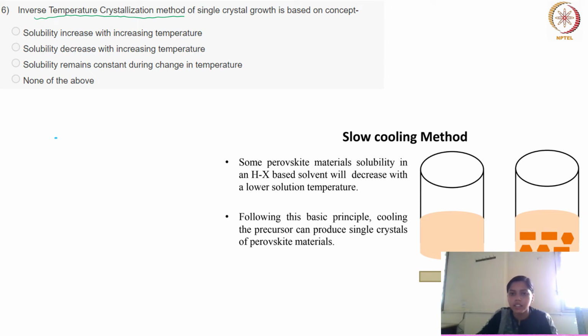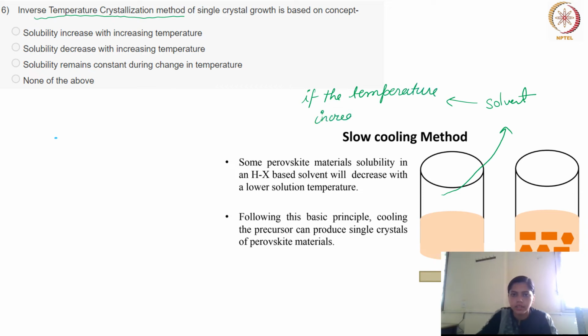You are having a solvent. If the temperature increases, the solubility increases.